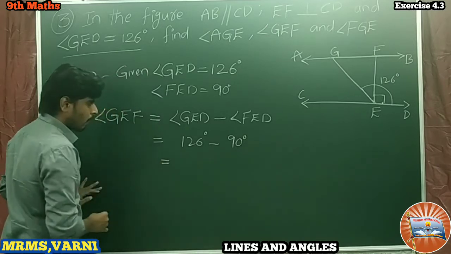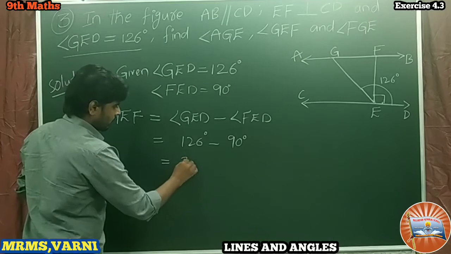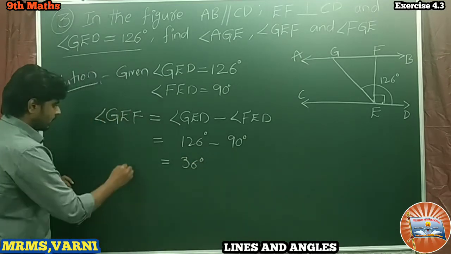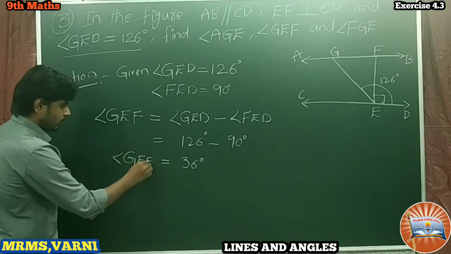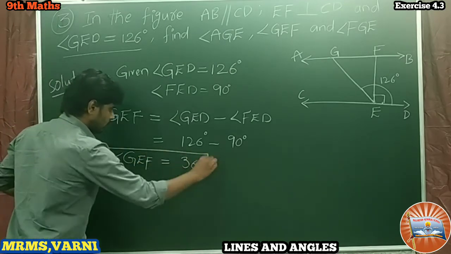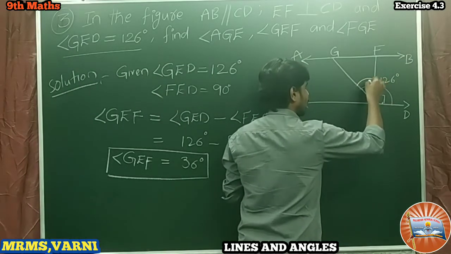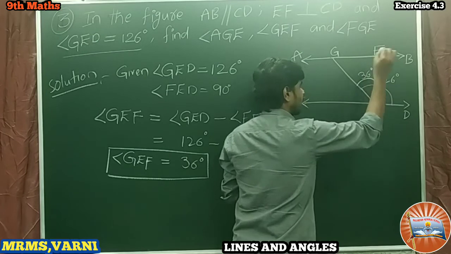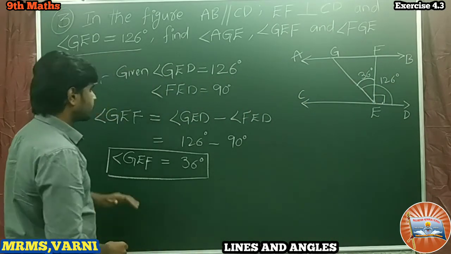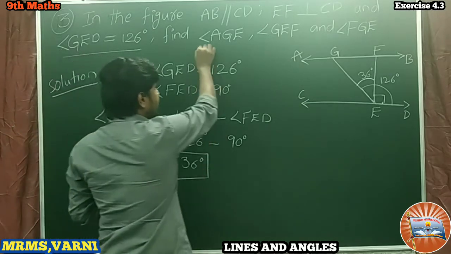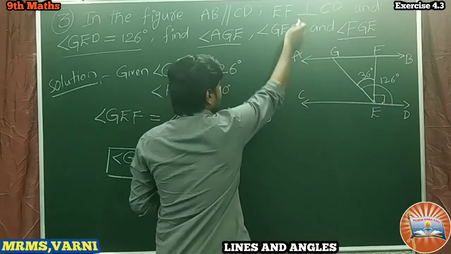What do we get here? Nothing but 36 degrees. 36 degrees is the angle GEF. Is it clear? So this angle is now 36 degrees. Next we have to find AGE and FGE. This one is over.